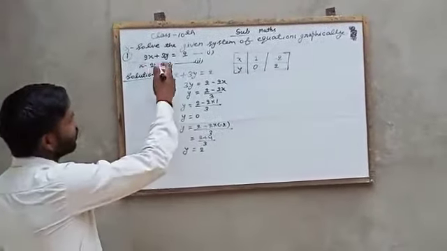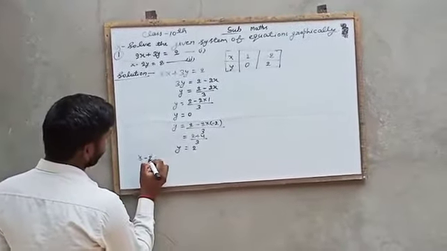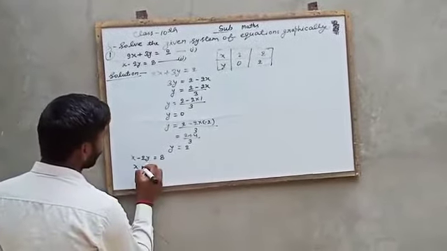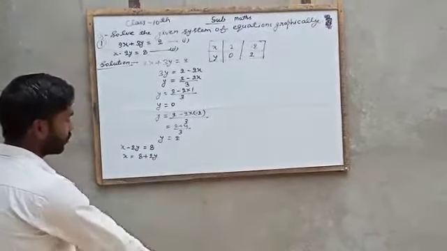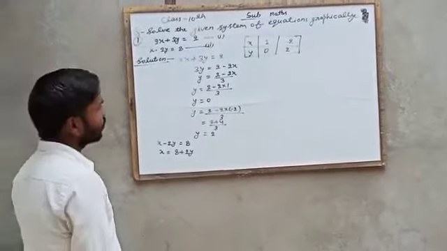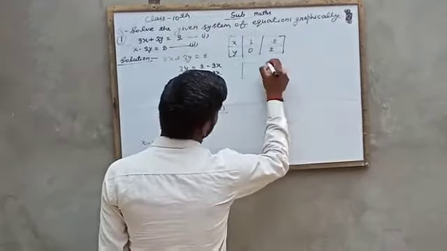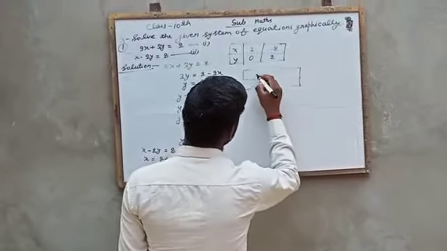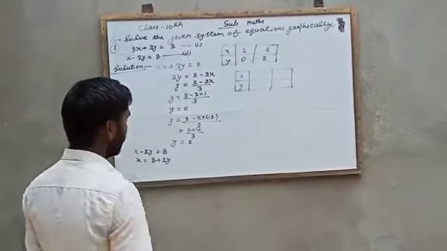Again we will solve the second equation, x minus 2y is equal to 8. So x is equal to 8 plus 2y. For this also we will make another table with x and y.